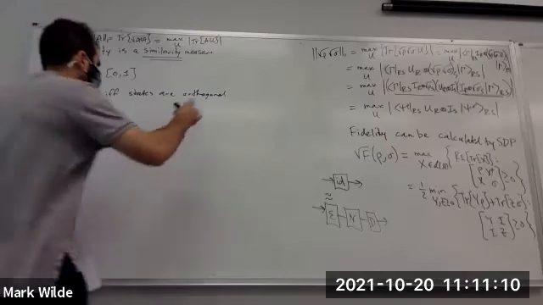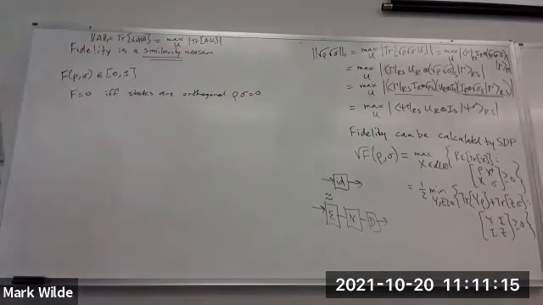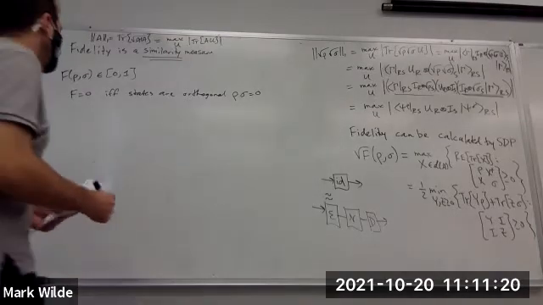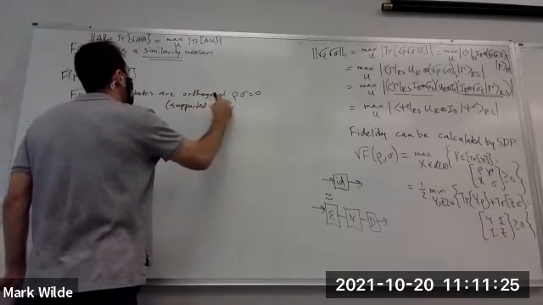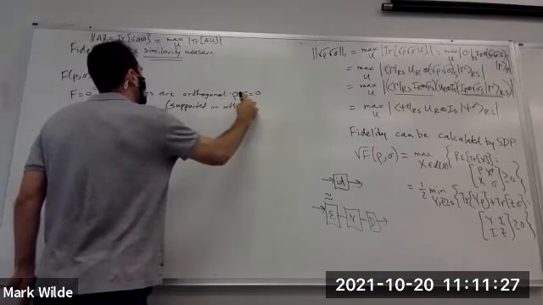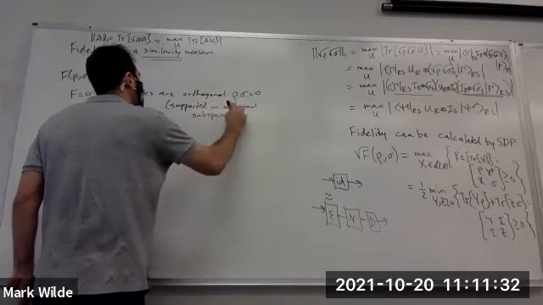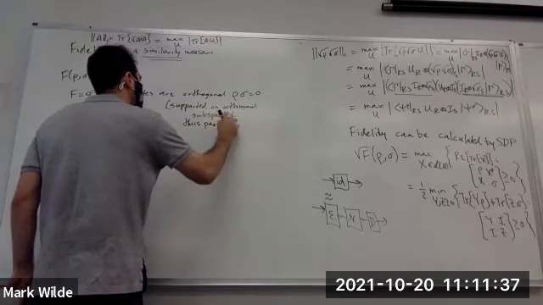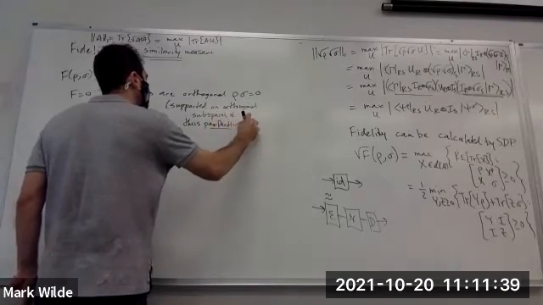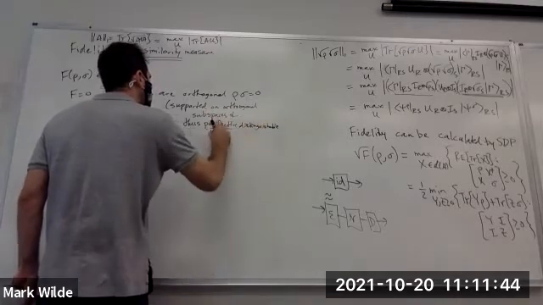Right? So what does orthogonal mean? Rho times sigma equals 0. Right? They're supported on orthogonal subspaces. That's what that means. And thus perfectly distinguishable by measurement.